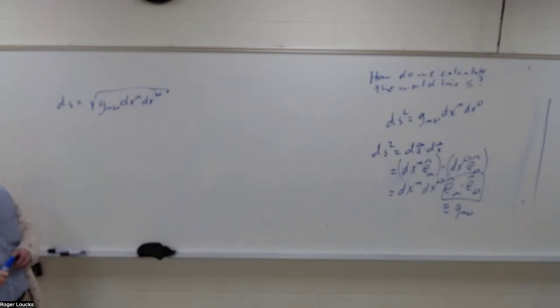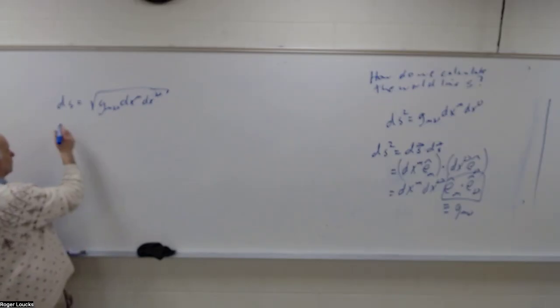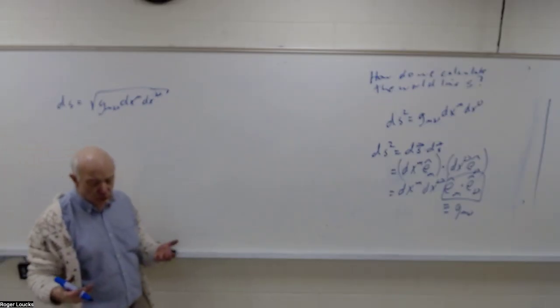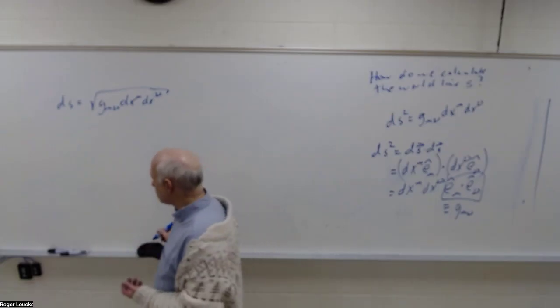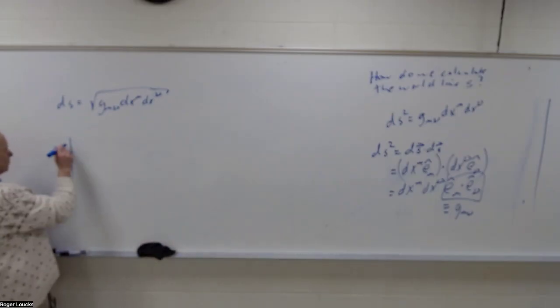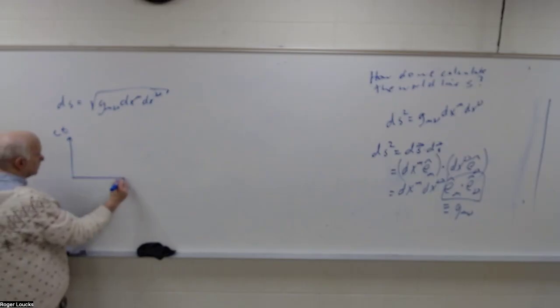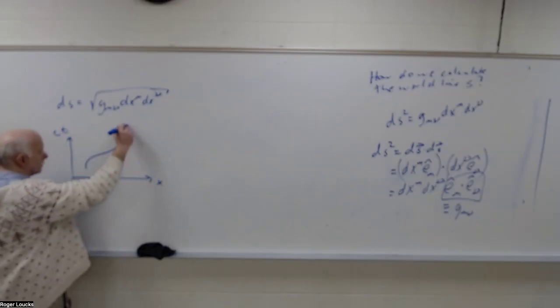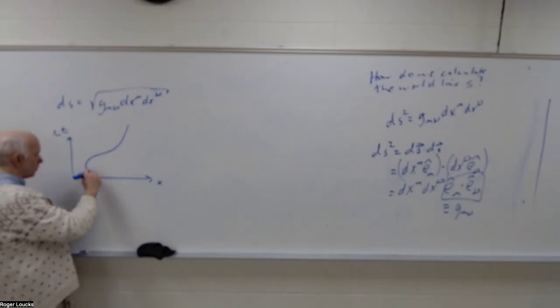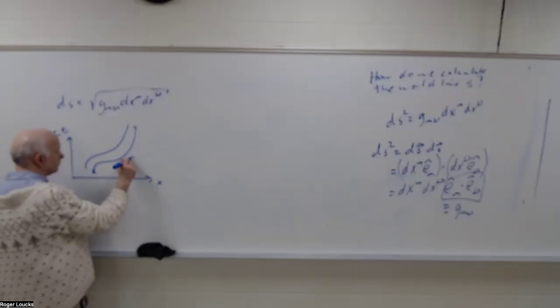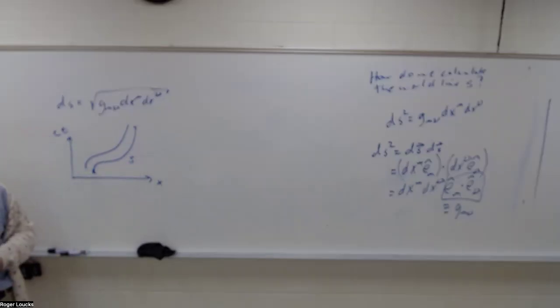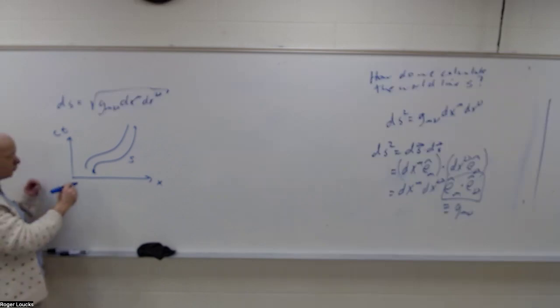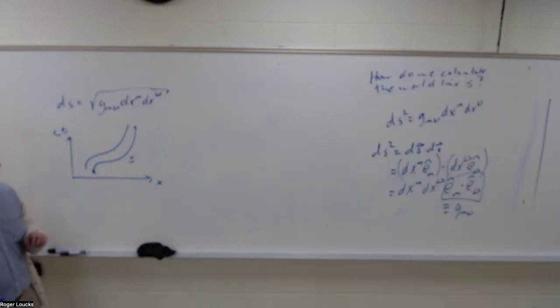And what I want to do is integrate this thing somehow. The question is, what are we going to integrate on? If I look at my ct here, let's just go to flat space-time. Here's x, and let's say here's my little path like this. So this whole length here, that's my s. And I need some parameter to integrate along here.